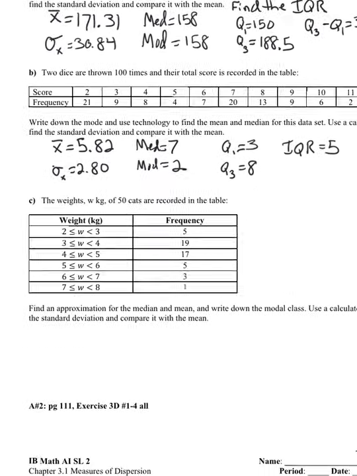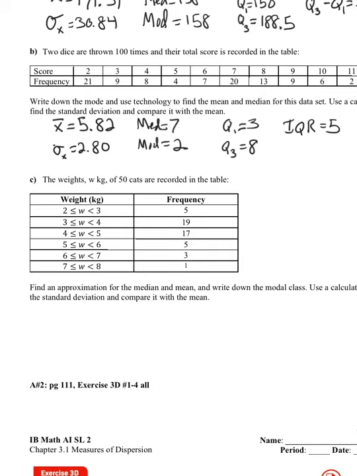Anyway, that's the last of what we have today in class. I'll let you guys work on part C and watch the YouTube video to figure that out. And if we still have questions on Monday about it, we'll go over it then. I just have exercise 3D, numbers 1 through 4 for your assignment over the weekend.